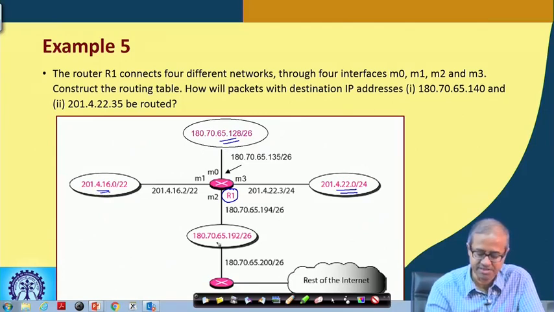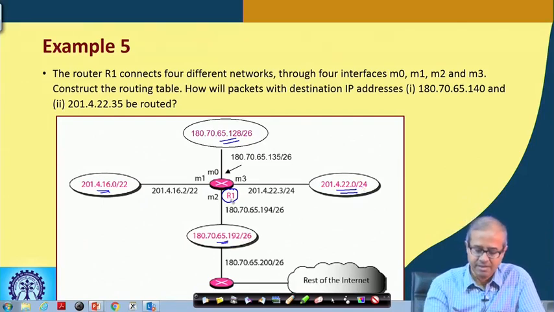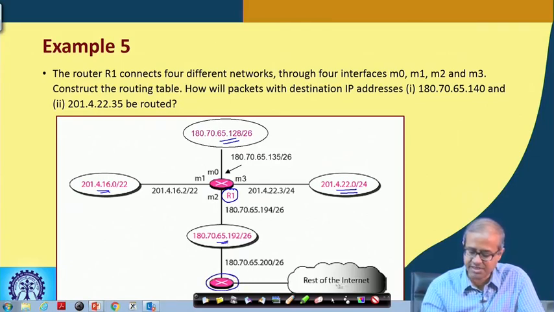These are the network addresses, and in CIDR notation the number of bits of the network address is also mentioned: 26, 22, 26 and here 24. Through this there is an external router which is connected to the external world, the rest of the network.